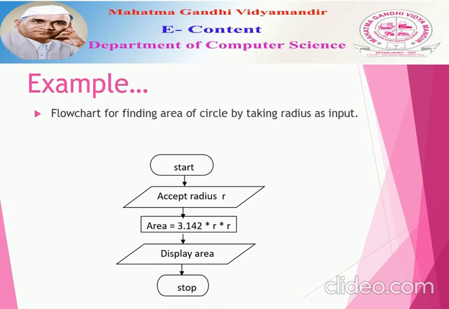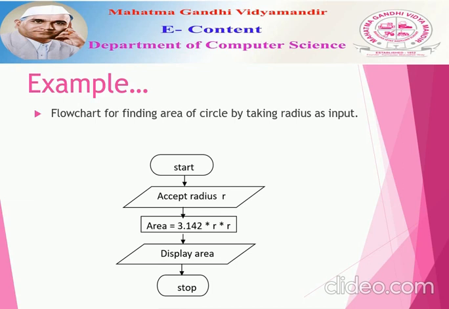After that we have to show the input, that is accept radius r. Okay, then we have to do some arithmetic operation. So we have used a simple rectangle over here, that is area is equal to pi r square. So we know the value of pi, that is 3.142 into r.